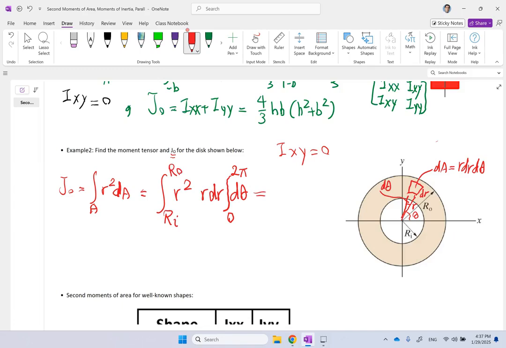And clearly, this is going to be r cubed, so it's going to be r to the 4 over 4. So it's going to be ro to the 4 minus ri to the 4, the whole thing over 4, multiplied by theta, which gives 2 pi. So there's going to be a 2 and a pi.